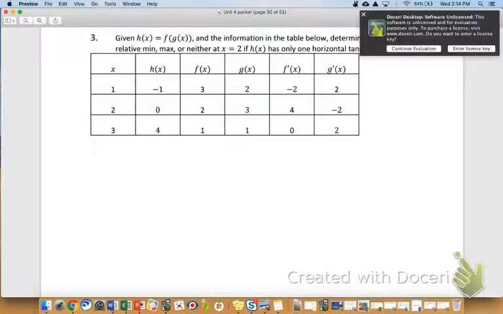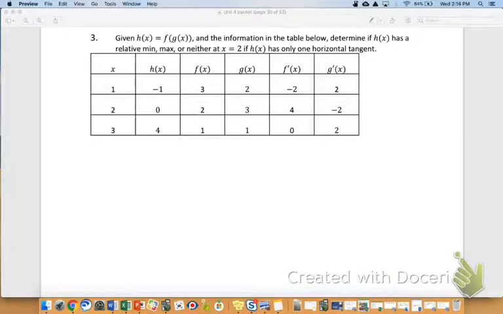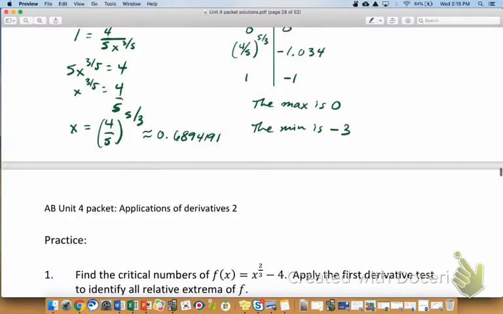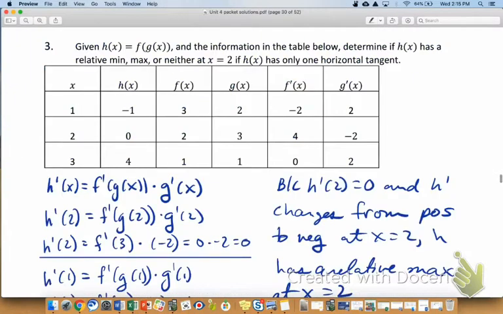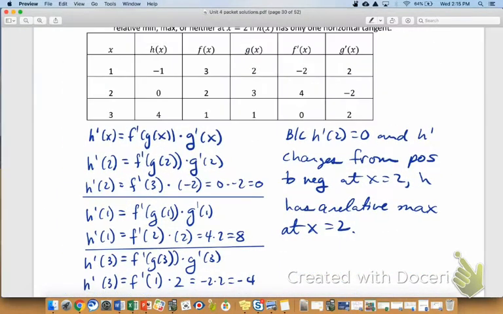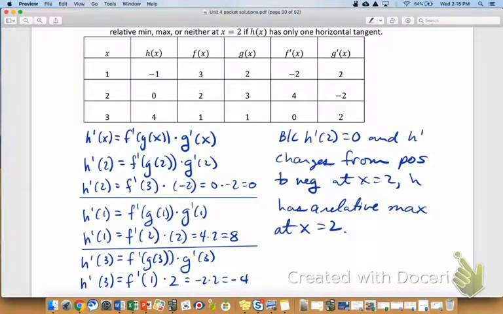Yeah, you're right. g prime of 3 is 2, so it's negative 1. So h prime of 2 is 0. Therefore, h prime of 2 is 0.